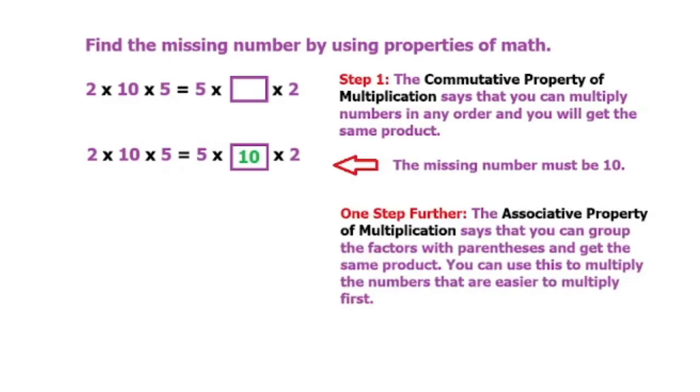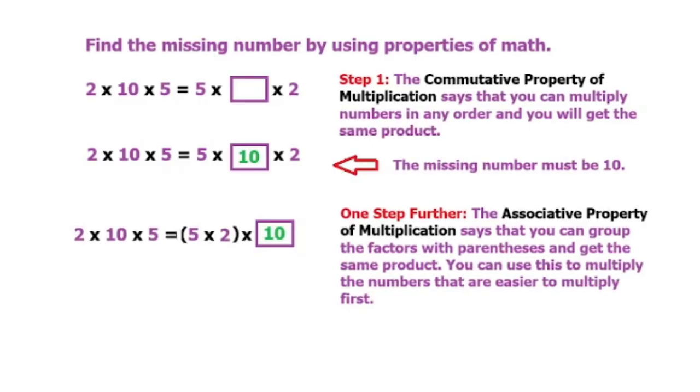So let's take this one step further. The associative property of multiplication says that you can group the factors with parentheses and get the same product. So you could use this rule to multiply the numbers that are easier to multiply first. So let's see how that looks.